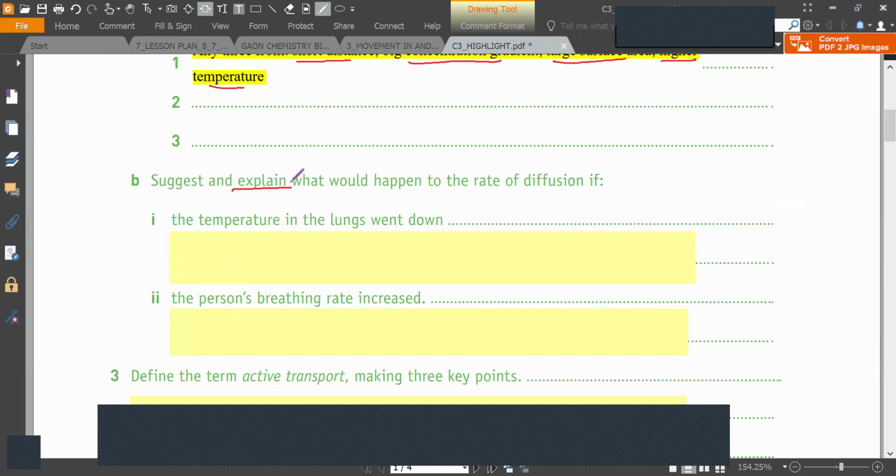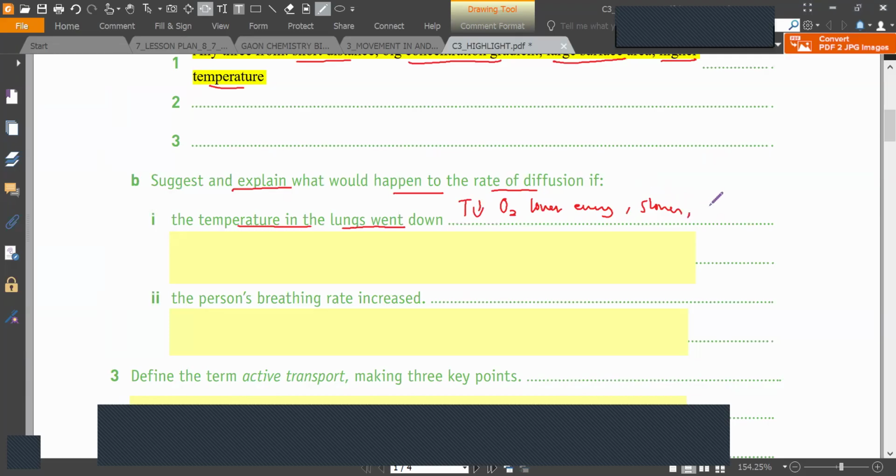Suggest and explain what would happen to the rate of diffusion if the temperature of the lungs went down. If temperature decreases, the particles or the oxygen molecules will have lower energy. They will move slower, so basically they will slow down.